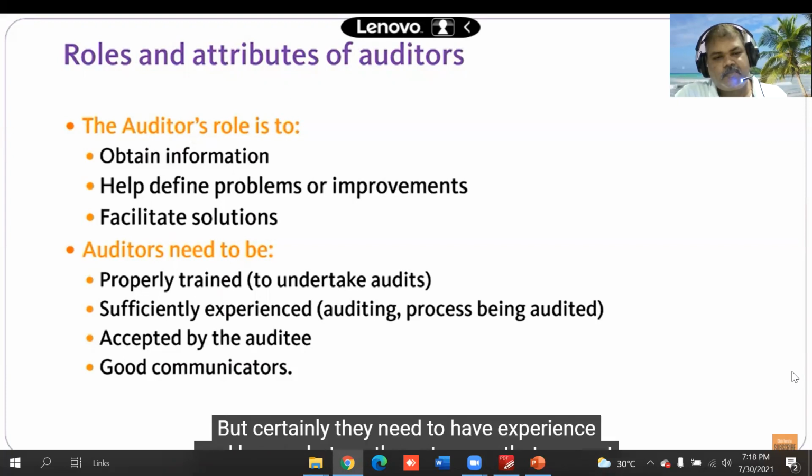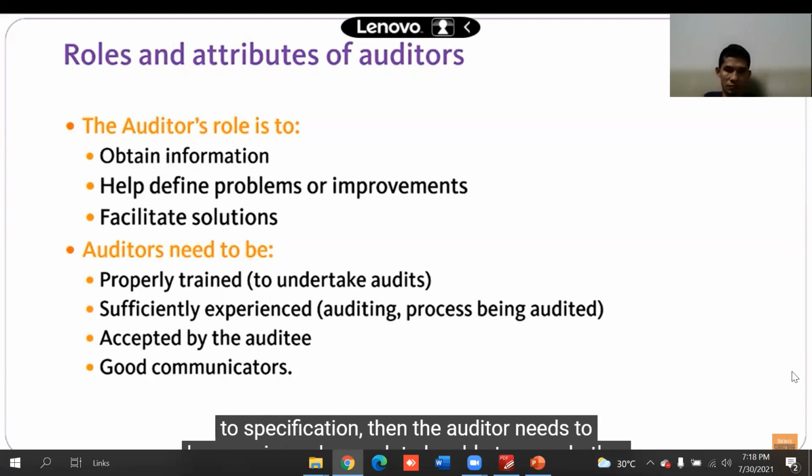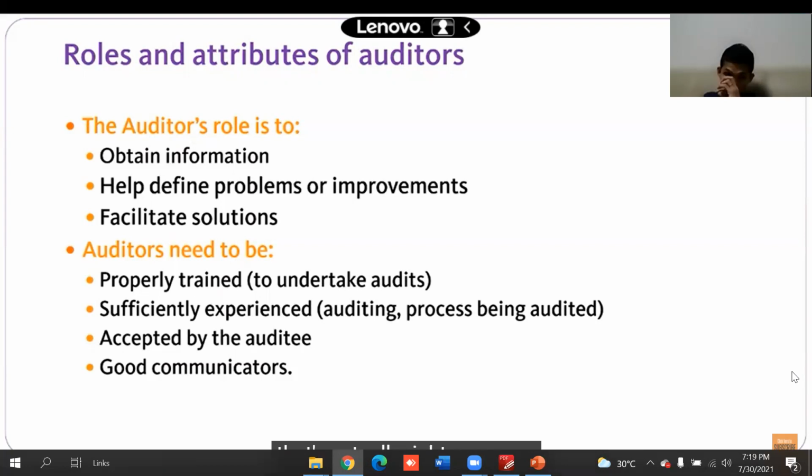But certainly they need to have experience and know what are the outcomes that are part of that process. So if the process is to have an outcome of delivery on time or delivery to specification, then the auditor needs to be experienced enough to be able to say whether that's actually right or wrong.